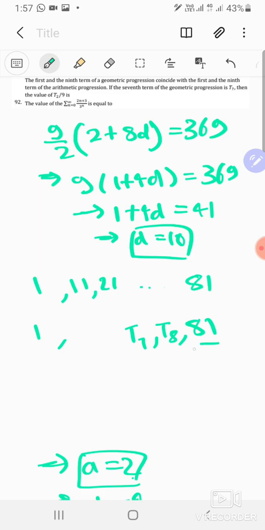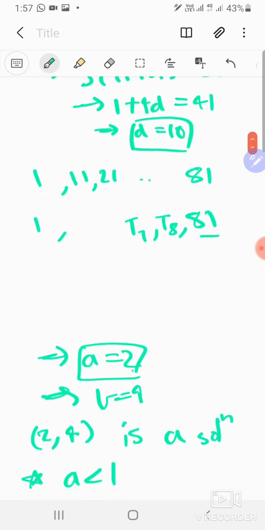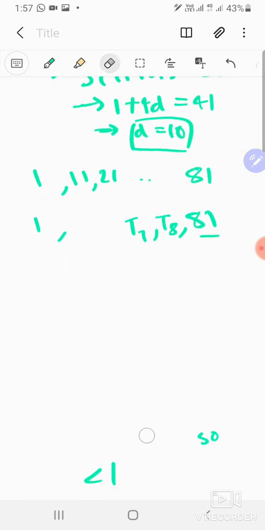So we just need to go down by r squared, I think, right? So just calculate what r is supposed to be. So you will have r power 9, or 8, I think 8, right? Because you want to make 8 jumps from the first term to the ninth term, so r power 8 is 81.